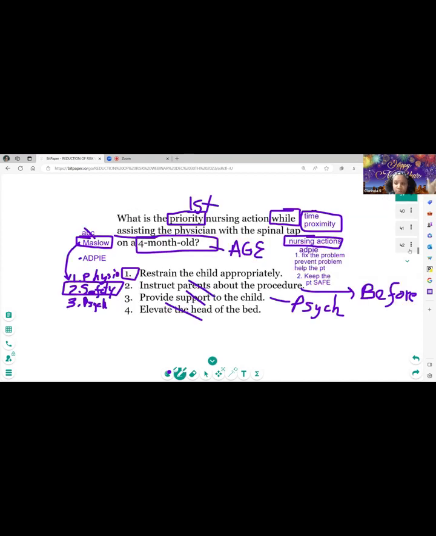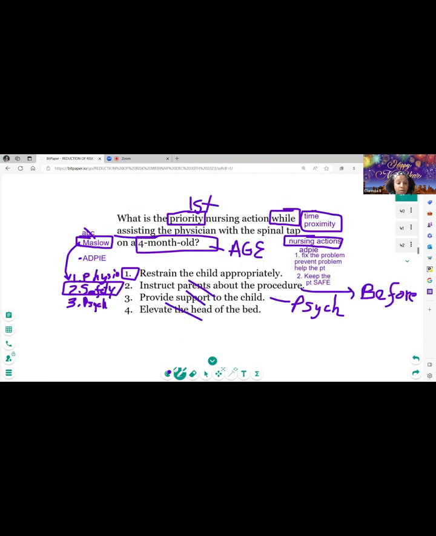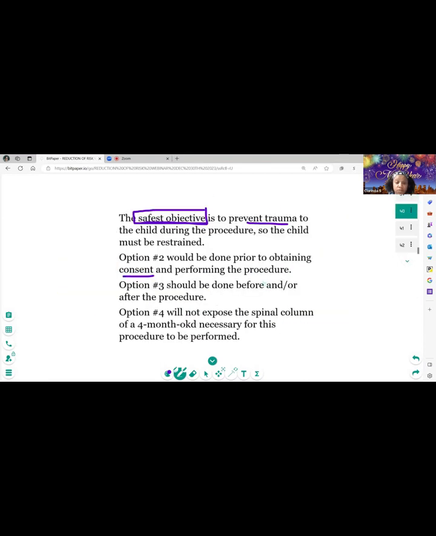What was to instruct the parents, let them know that before, when we're getting the consent, because they're going to have to get a consent for that procedure. Option three should be done before and or after, which was support. Support, because during the procedure, you're focusing on keeping that child safe, or maybe running vitals or things like that. You're really focusing on the child.